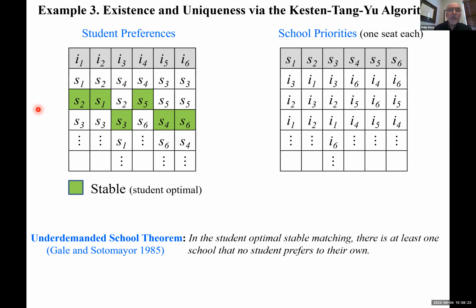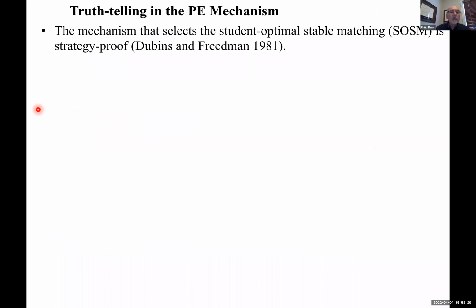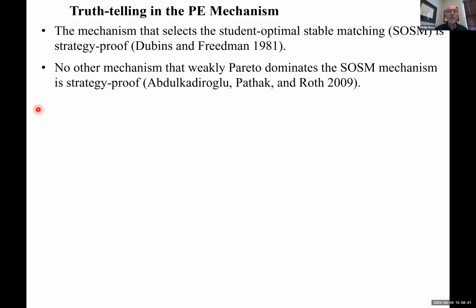I'll leave that at that because I want to get to the last thing I want to talk about, which is a strategic property of the mechanism that selects the priority efficient matching. Okay, so we know there's a unique priority efficient matching for every school choice problem.